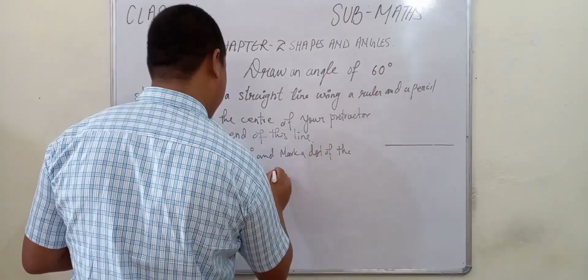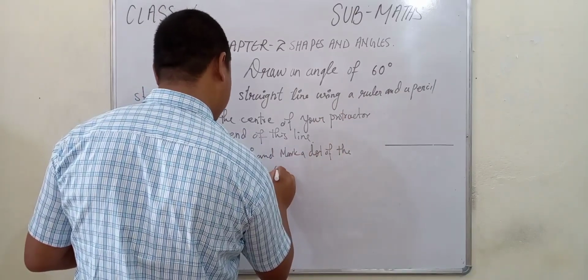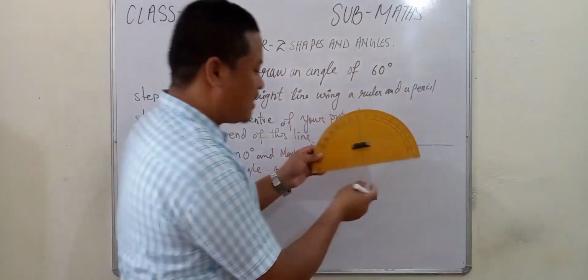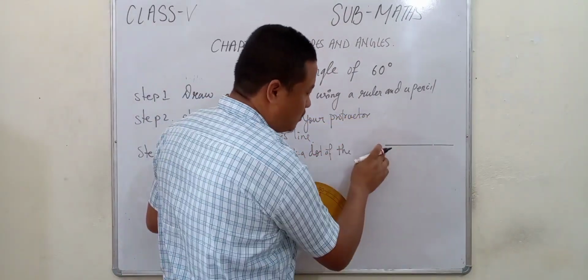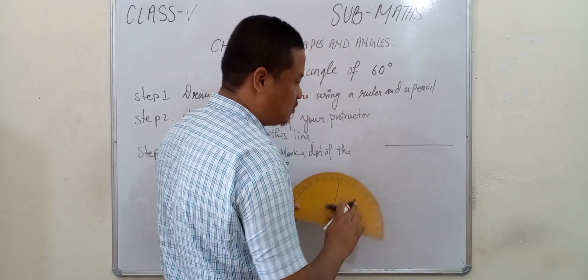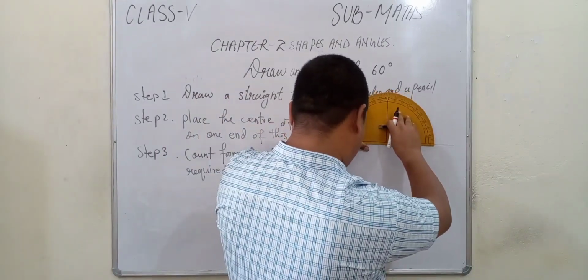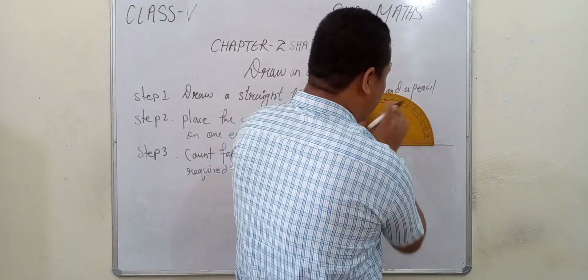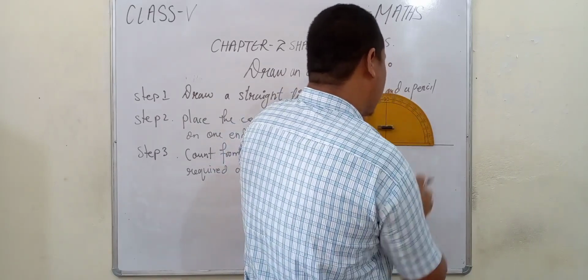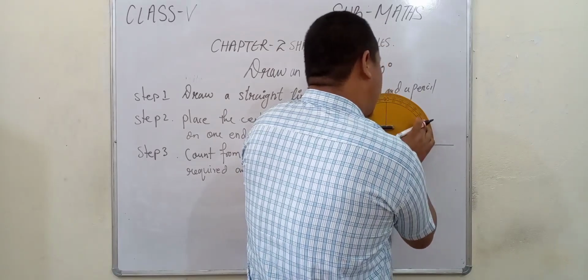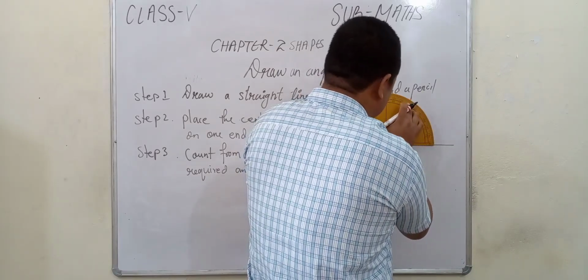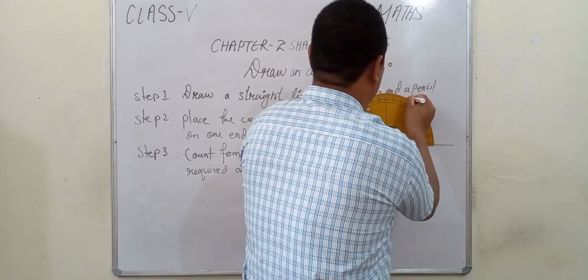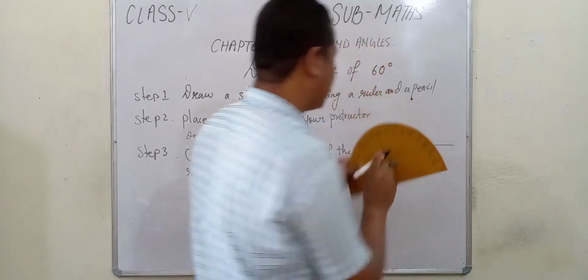We are drawing 60 degrees. So we write 60 degrees. Now look, in the second step you have to put the center of the protractor on any end of this straight line. So I keep the center of the protractor here on this end. Now I have to mark 60 degrees. 10, 20, 30, 40, 50, 60. At 60, I will mark a dot here. One dot is there at 60 degrees.